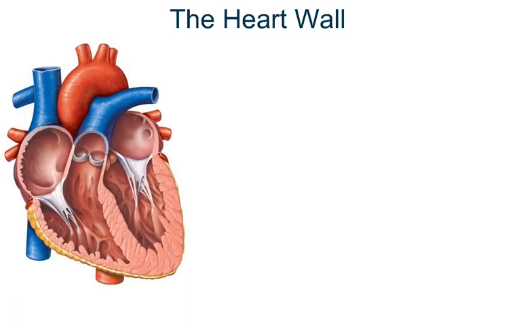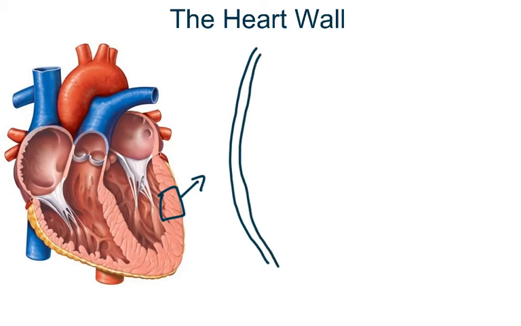And so, when we start looking at our heart wall here, let's break out our four layers. So let's start with the outermost layer. Our outermost layer here, right, is going to be our pericardium.